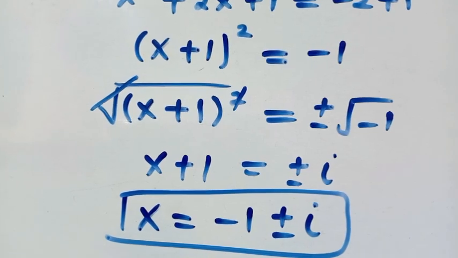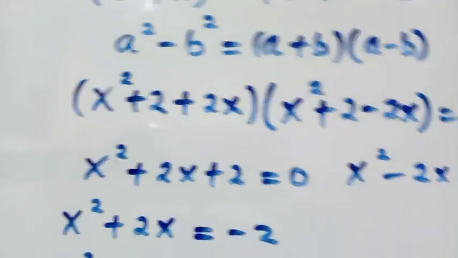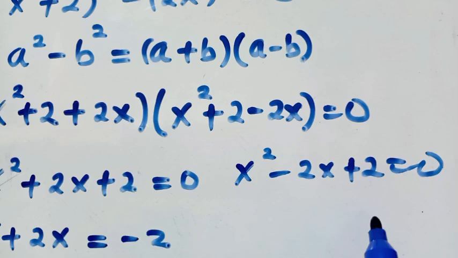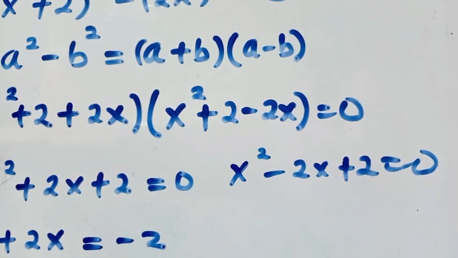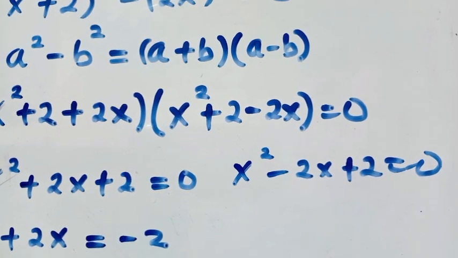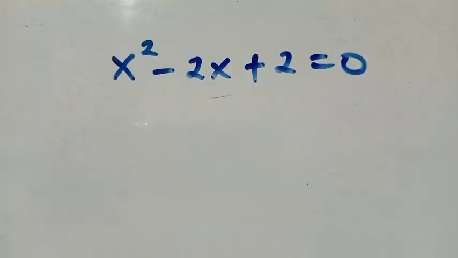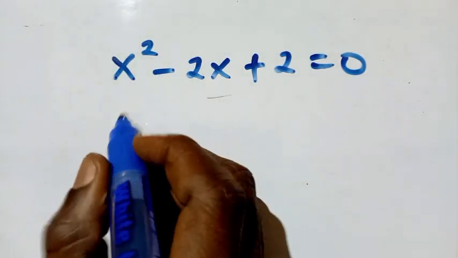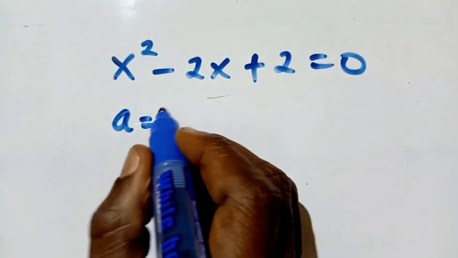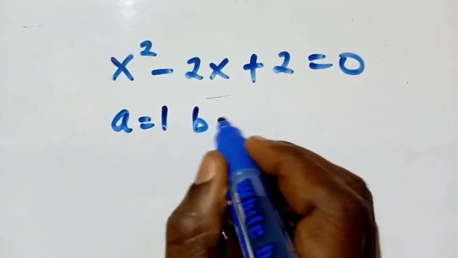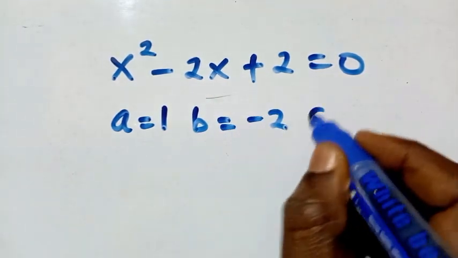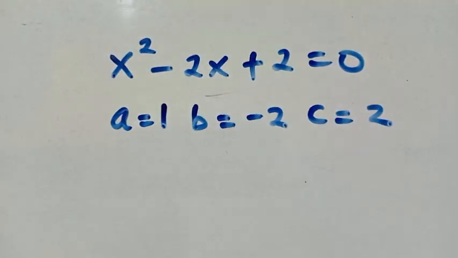Now we have to solve the other part, x squared minus 2x plus 2, using the quadratic formula. We need these parameters: a equals 1, the coefficient of x squared, b equals minus 2, and c equals 2.